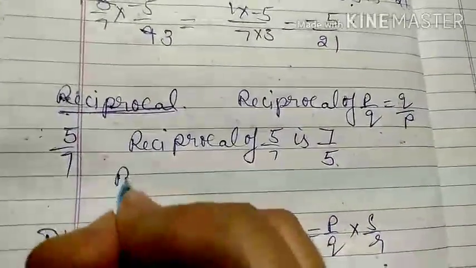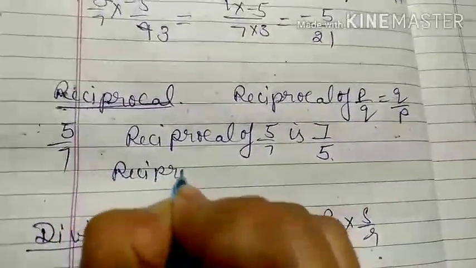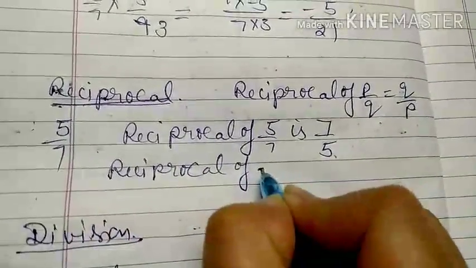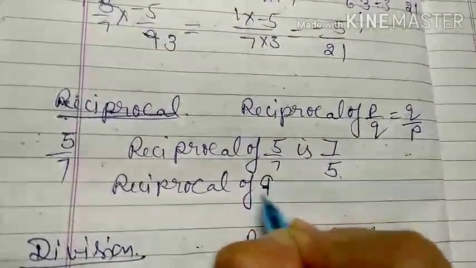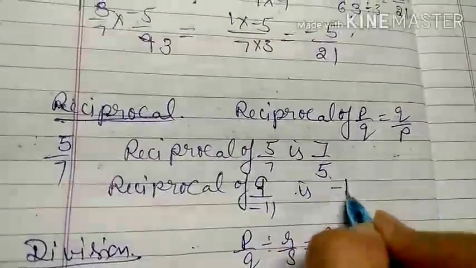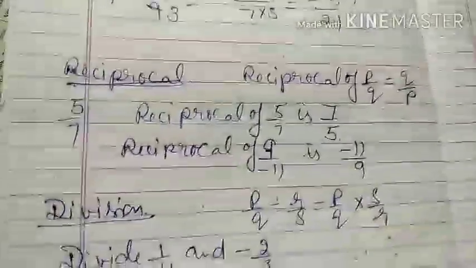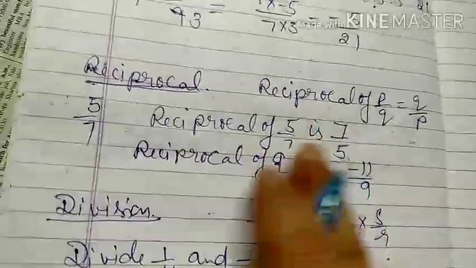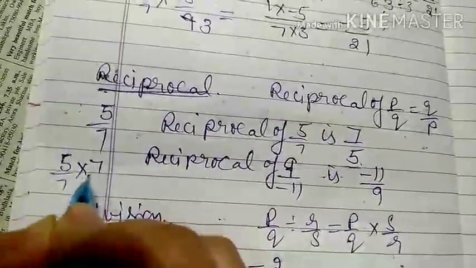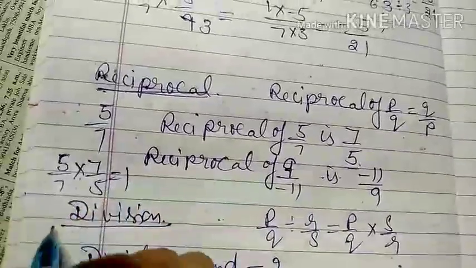Similarly, if you are going to find the reciprocal of a negative number like 9 by minus 11, you just write minus 11 by 9. And when I multiply each number with its reciprocal, I get the answer 1.